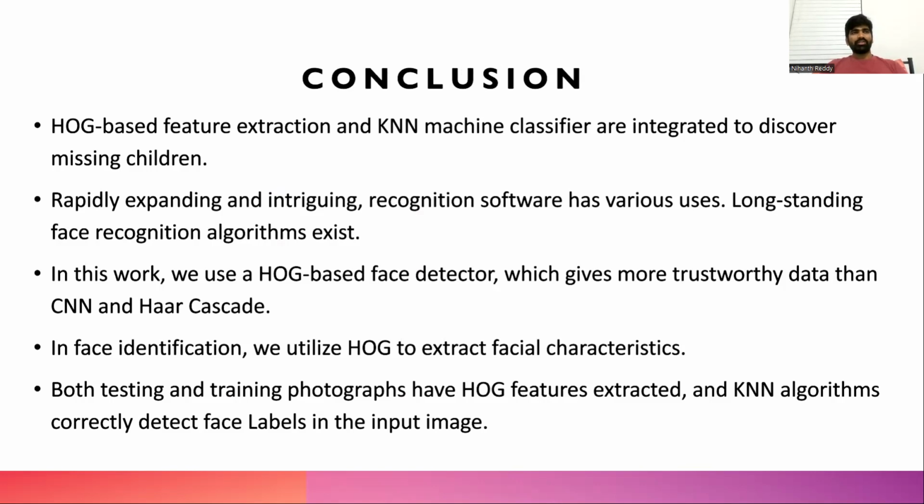So even if the picture was taken from far away, or was taken with other objects in it, the HOG-based descriptor is smart enough to eliminate all the other objects and capture the face. And along with that, we already know KNN is good with visual images, and it's also easy to train and accurate in terms of giving the results.